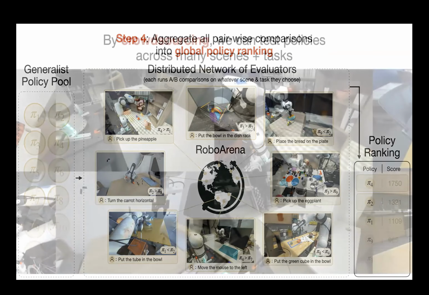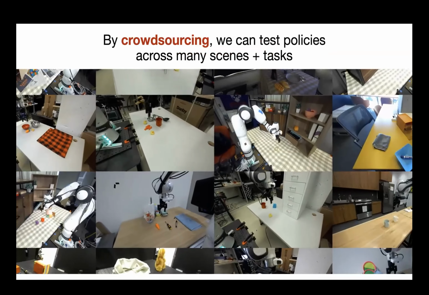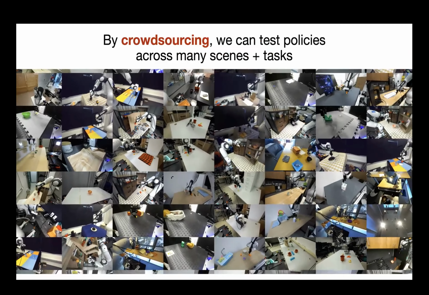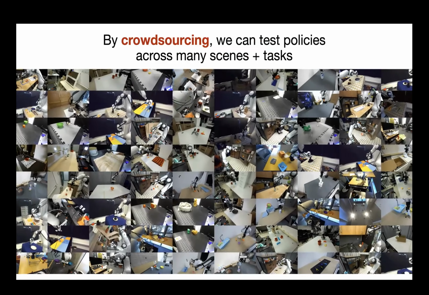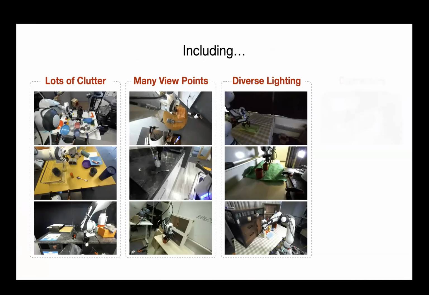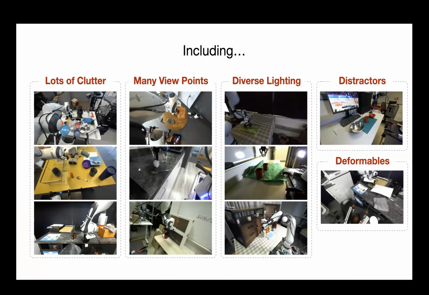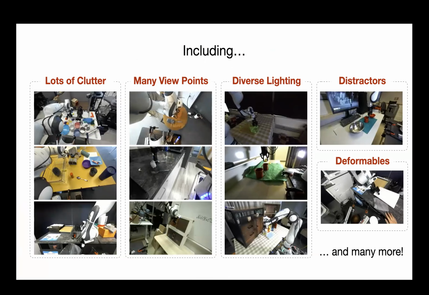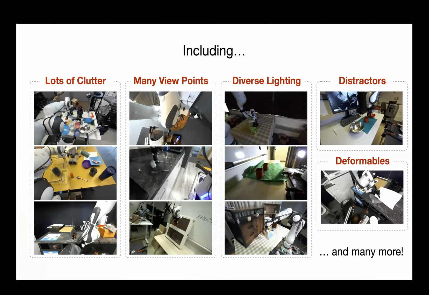Now, with this approach, again, we are able to evaluate across a much broader distribution of scenes and tasks. This includes things like diverse clutter situations, many viewpoints, lighting conditions, distractors, deformables, and so on. Basically, we can put these policies through quite a comprehensive test.